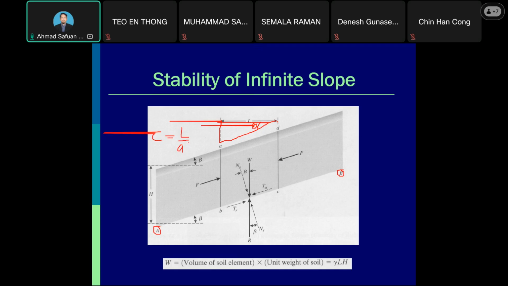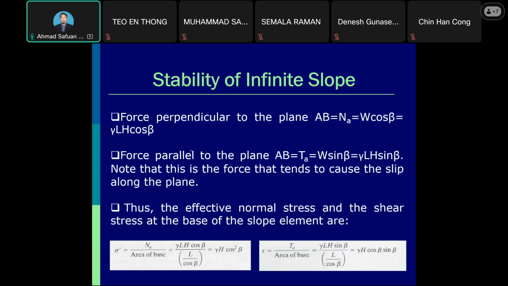So AD, if you move to the left and cos will be on the right, becomes L cos beta.